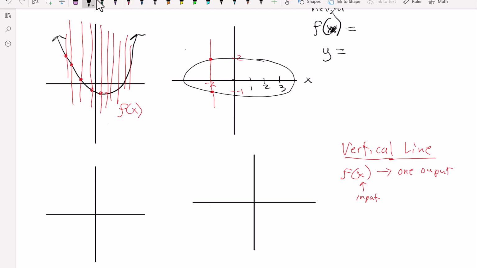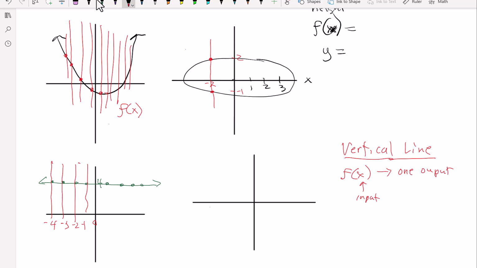Now, let me show you another example. Let's say we have a horizontal line up at 4. All of these values are 4. Let's do a vertical line test. We have -4, -3, -2, -1, 0, and it goes on.